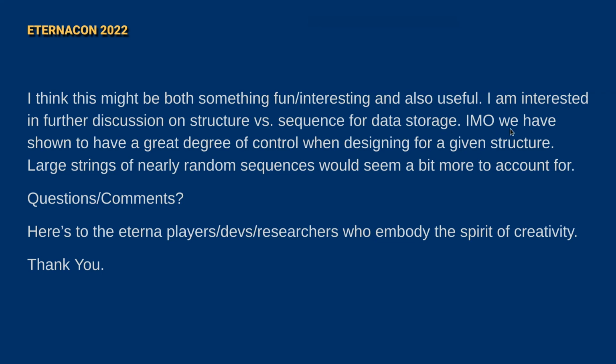In my opinion, we have shown a great degree of control when designing for structure. And I just see large strings of nearly random sequences could be kind of hard to account for. If anybody had any questions or comments, that'd be good.